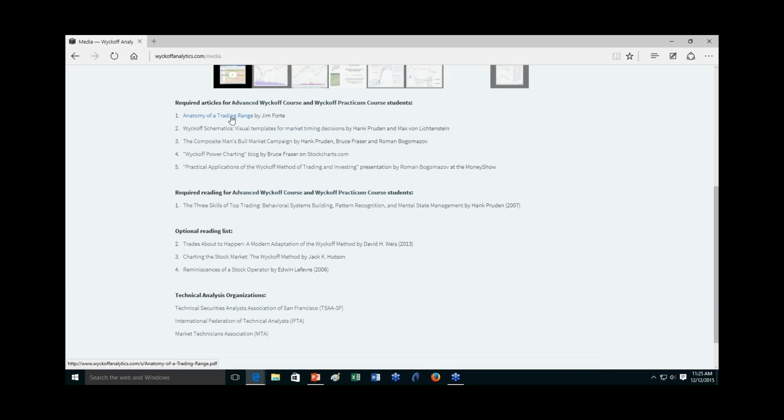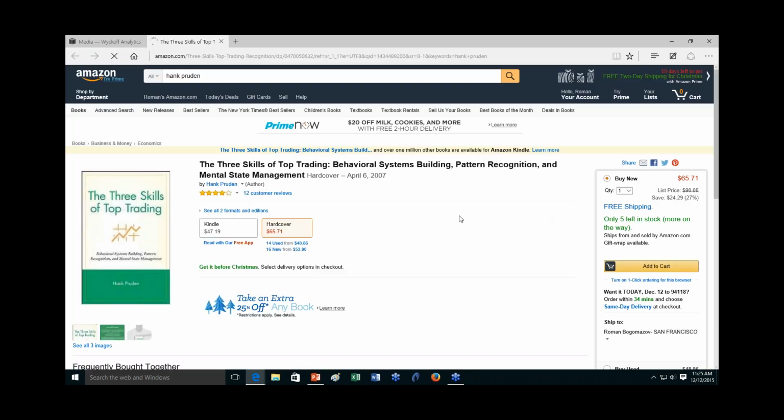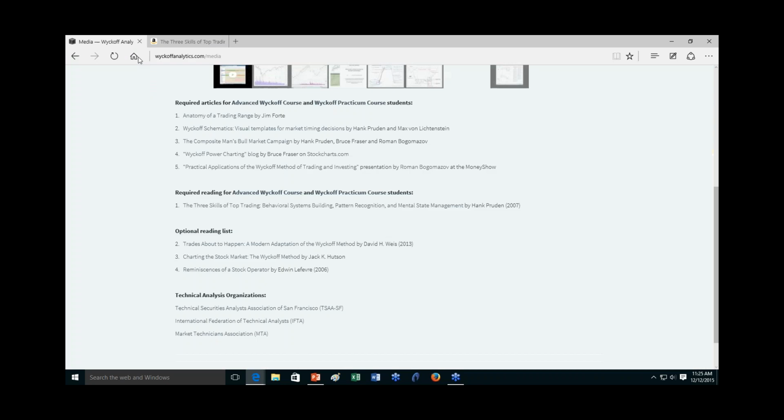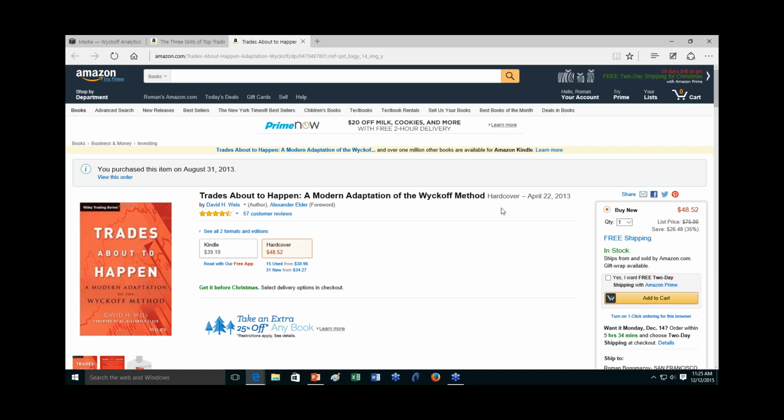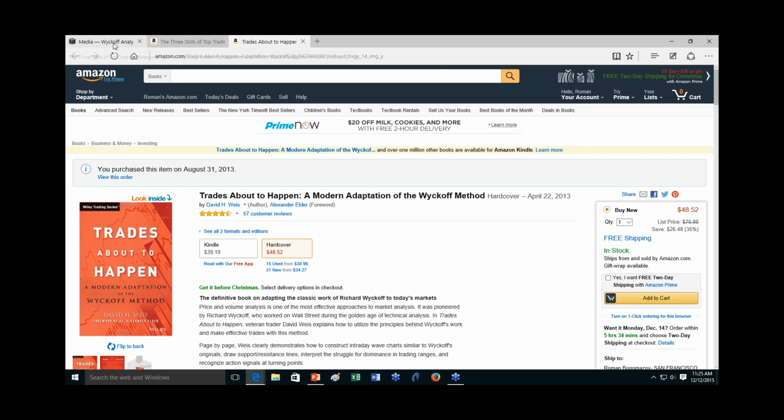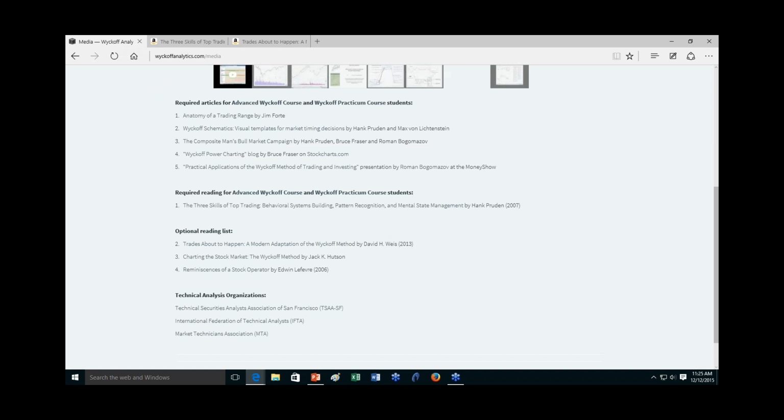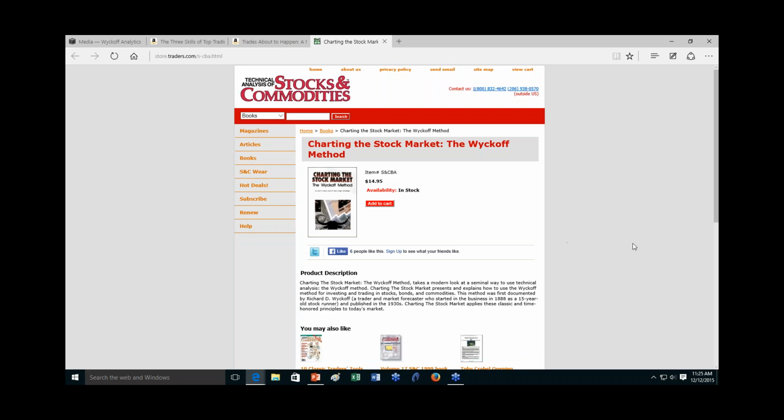Under the books, this is the book by Hank, The 3 Skills of Top Trading. Under the optional books, the book by David Weis, Trades About to Happen, especially the process of absorption. I thought that he did an extremely nice job. Jack Hutson's classic book on the Wyckoff method could also be an introduction to the methodology.